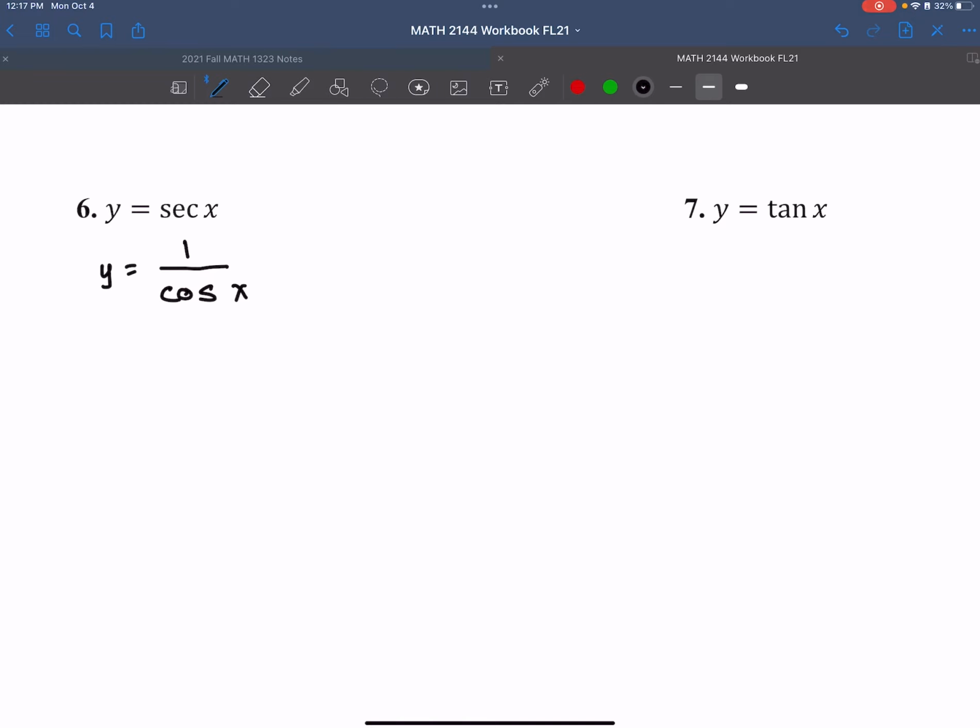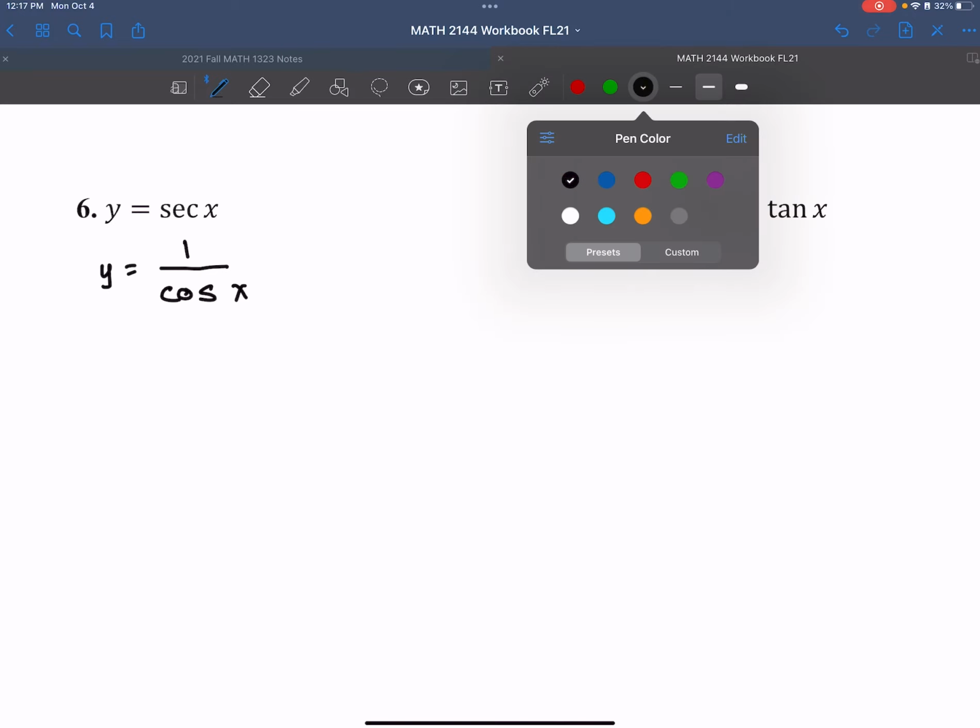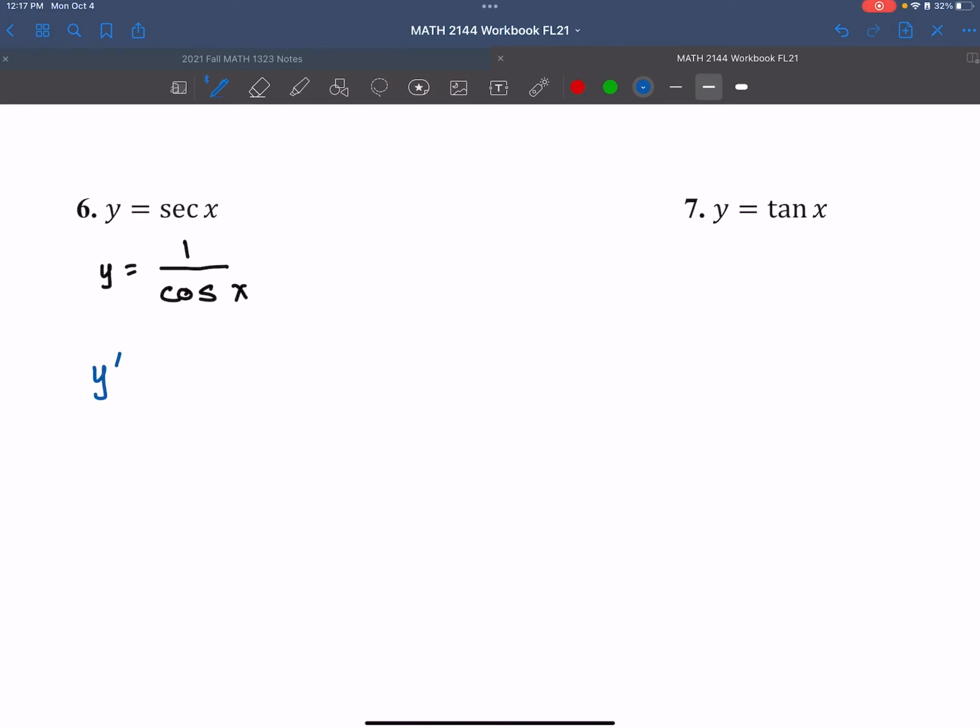And then this one's going to play out very similar to the one we did in number 3 earlier. So it's going to be low, cosine of x, times the derivative of high. This time I'm going to just take the derivative of 1 to get 0.